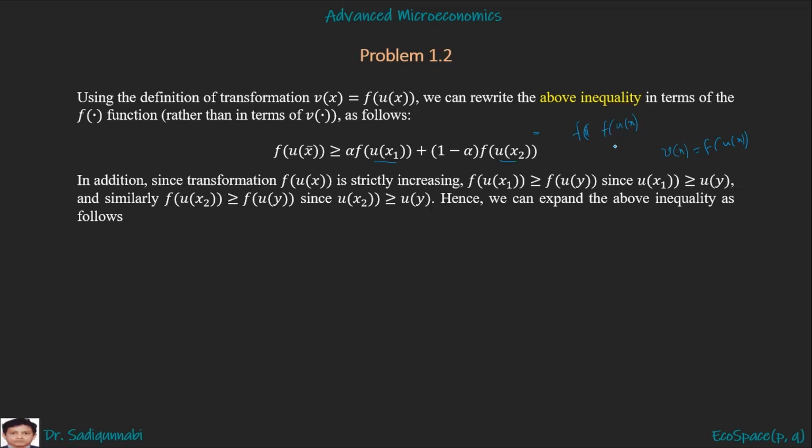Then we can say that, strictly increasing over bundle y, so we can say that this is greater than or equal to function of utility from y. If we say that x is x1 and x2, so we use both goods, which is greater than or equal to y.